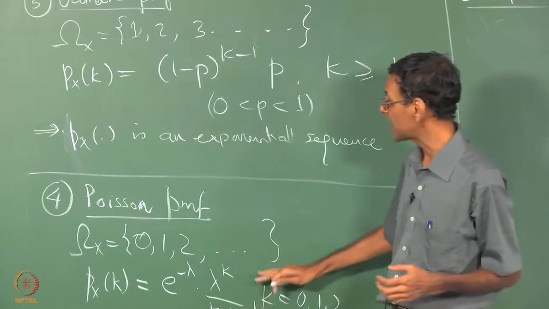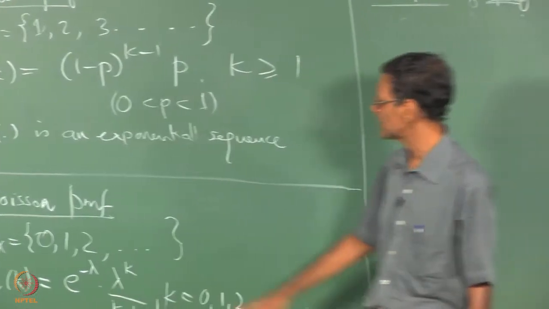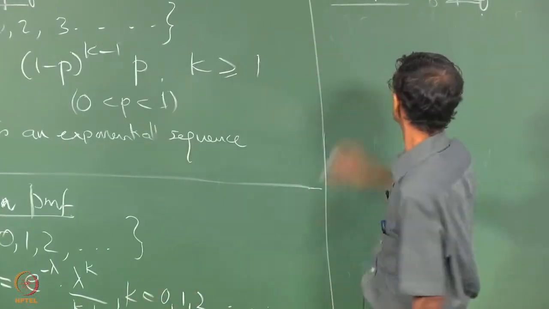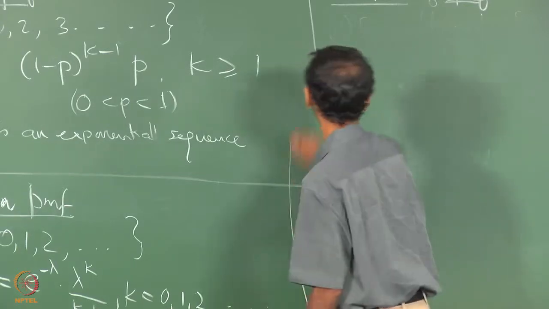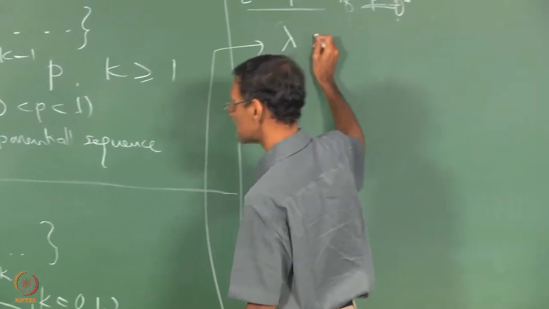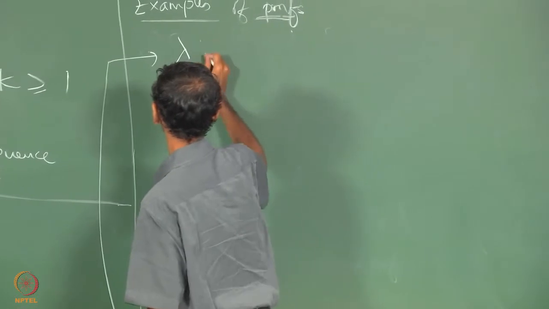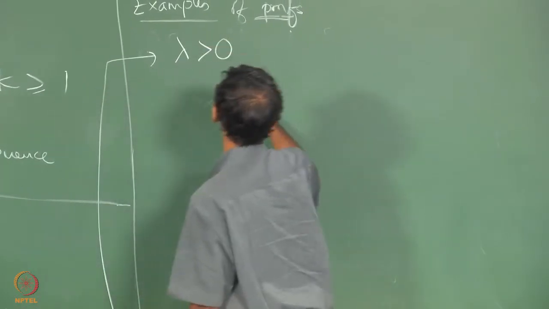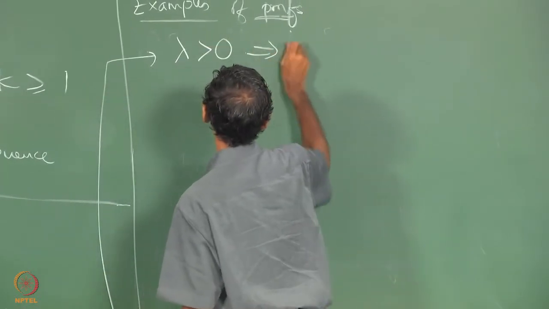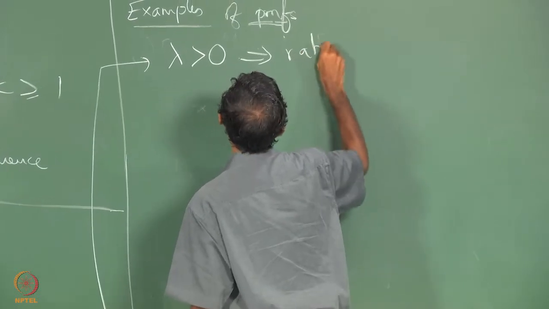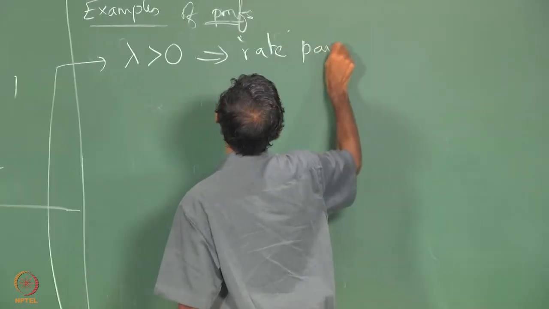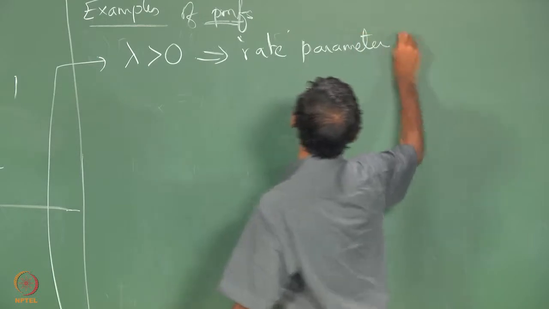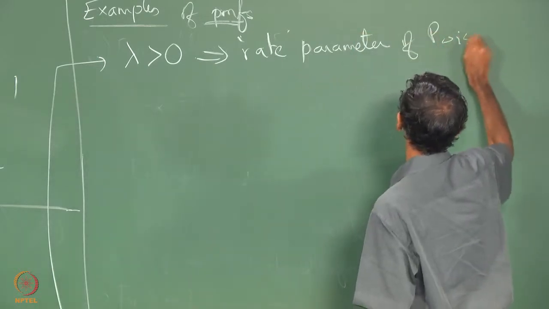So what is the sanity check here? How do you ensure that this sums to 1? Lambda is strictly greater than 0, the so-called rate parameter of the Poisson PMF.